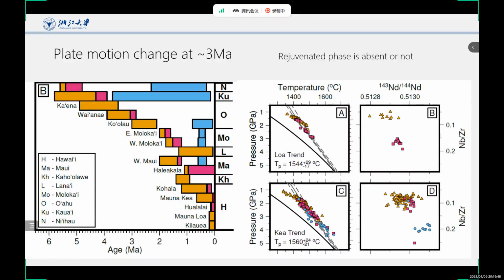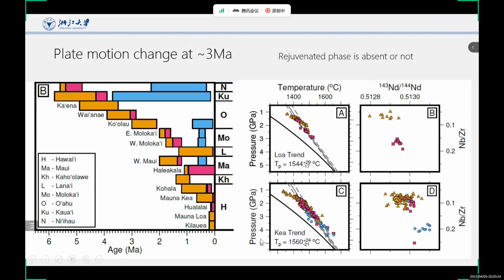The third question is why there are two different geochemical trends, which are the Loa trend and the Kea trend. So the obvious difference is that the Kea trend has the rejuvenated phase. As I just said, the rejuvenated phase is enriched in the isotopic, the Nd isotopic value, and it's also a deeper melting.